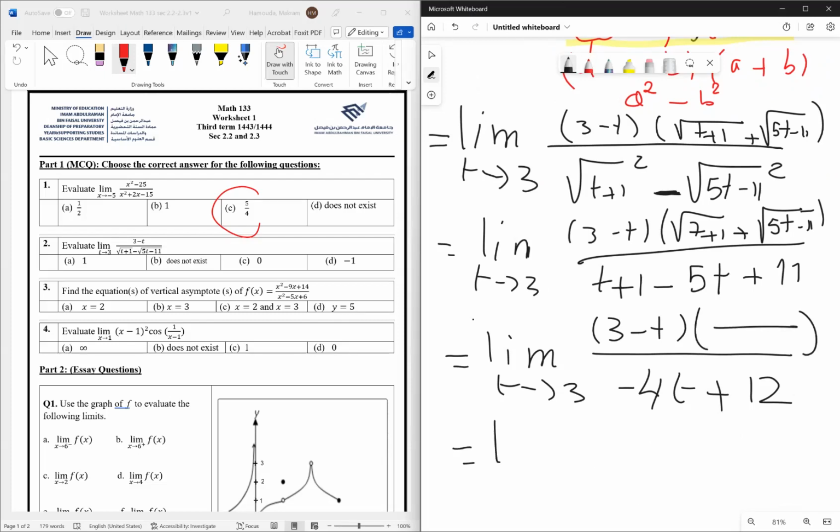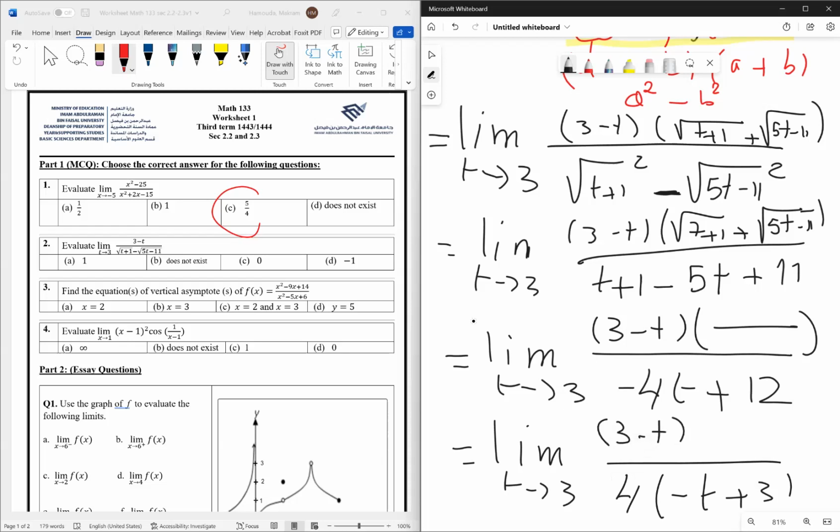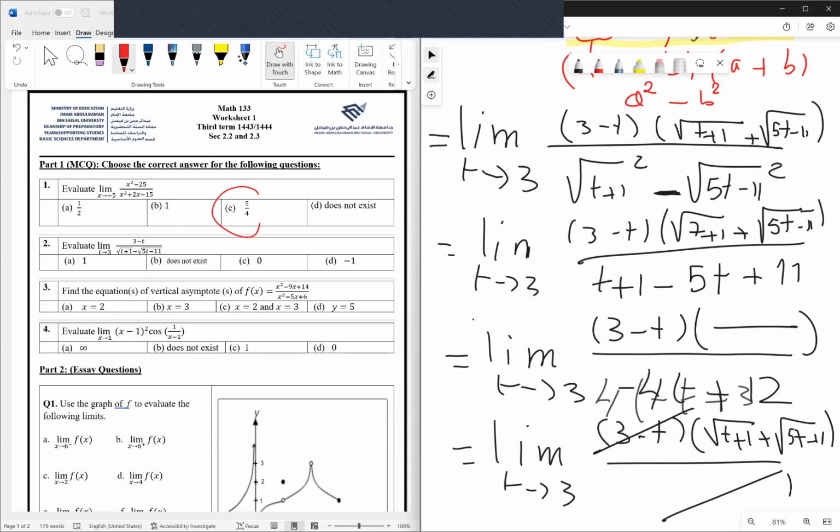We'll gain some time to write it quickly like that. So what happens in the denominator? I will take 4 as common factor. So it's 4 minus t plus 3. And you see here minus t plus 3, it's the same as 3 minus t. So I can simplify this times the root t plus 1 plus root 5t minus 11. Okay, so simplification this by this, and then I can substitute the t equal to 3.